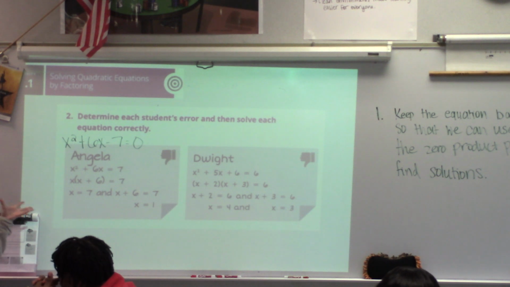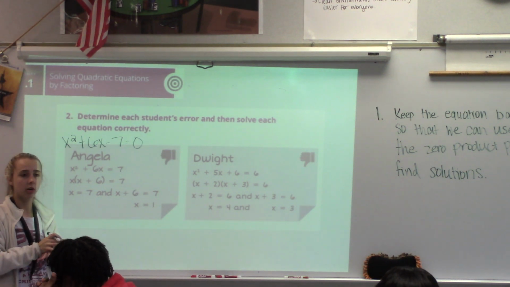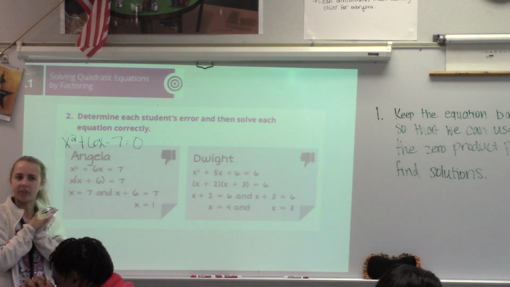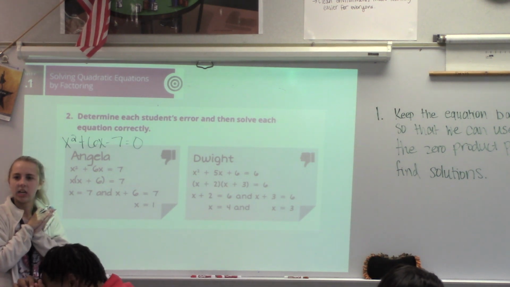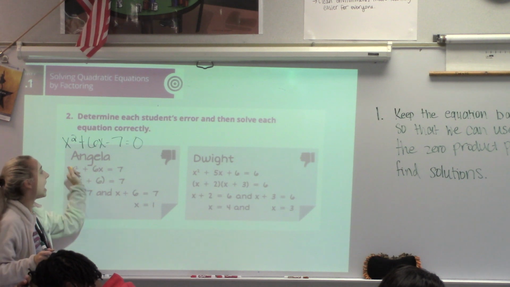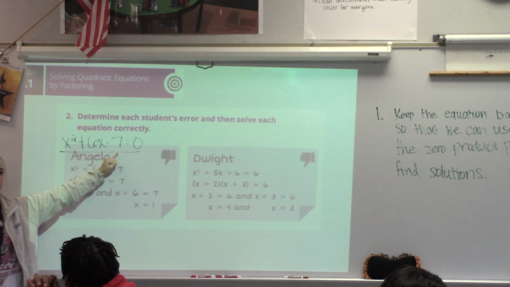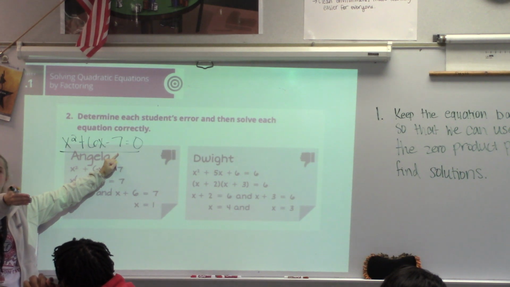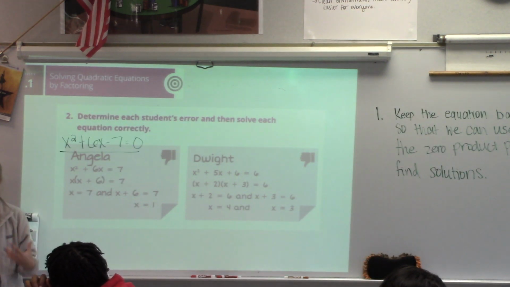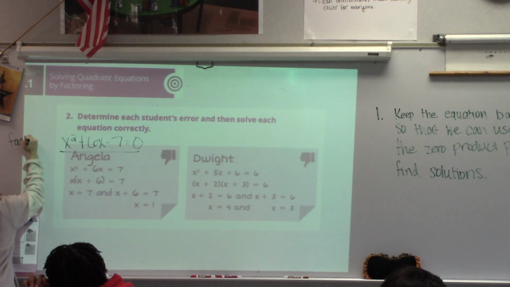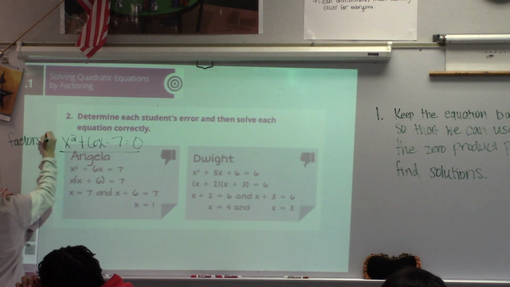Factors of A and C, so I'm looking for factors of what number? What operation are we using with A and C? Okay, we're multiplying A and C. So when we multiply A times C, what do I get? Okay, so we're looking for factors of -7 that add up to what? 6.